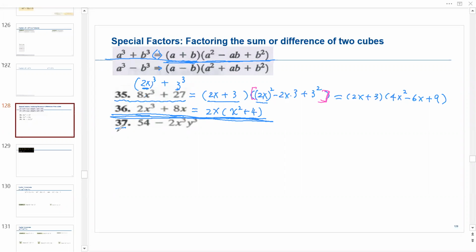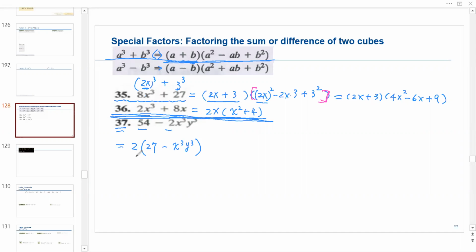See example 37. This is a specific kind of example: 54 minus 2x cubic y cubic. All right, so see the factoring part. 2 is the common factor, right? We take 2 out first. This is 27 minus x cubic y cubic.